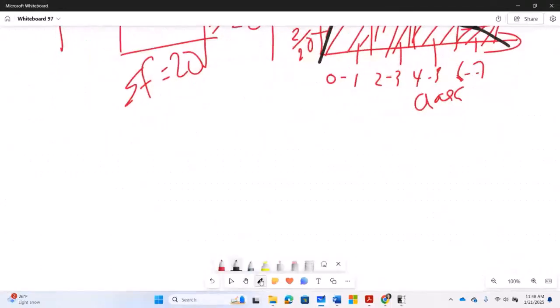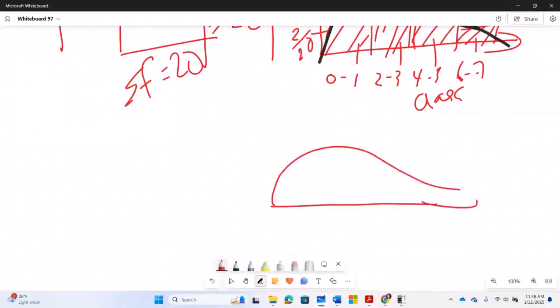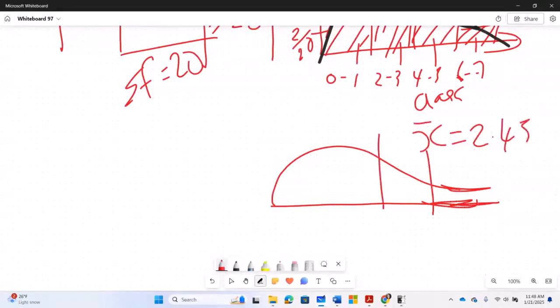Remember that skewed right means positively skewed. So the mean is greater, x bar is 2.45. Q2, or the median, is 2. So this data is skewed right.